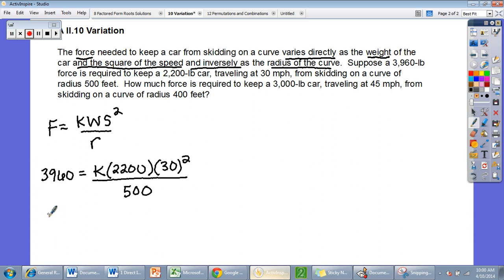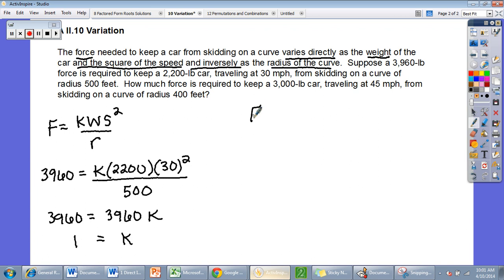So I have my 3,960. So what I would do here is multiply this times this squared, divide by 500. I'd probably do that all in one step. And if you do that, you will see that you get 3,960. So my K, after all of that, is actually equal to 1.